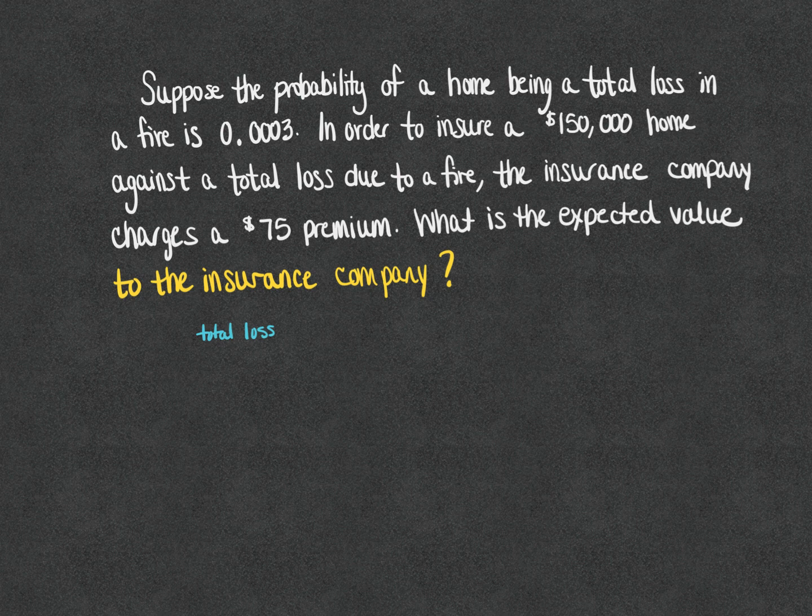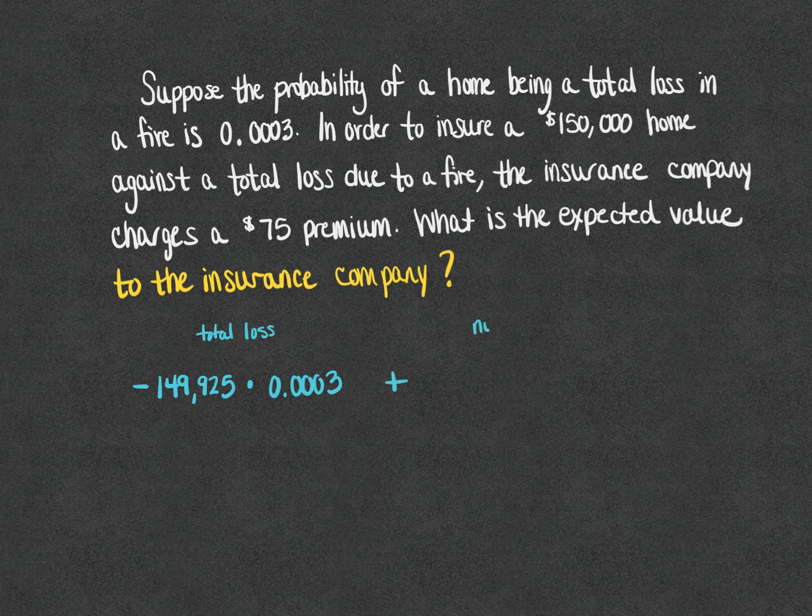So they got $75 for that part of the insurance, but then they pay out $150,000, that means that if the home is a total loss, the insurance company actually loses $149,925. So that's $75 minus the $150,000 payout. The probability there is a total loss is 0.0003. Okay, so pretty small chance that that's going to happen.